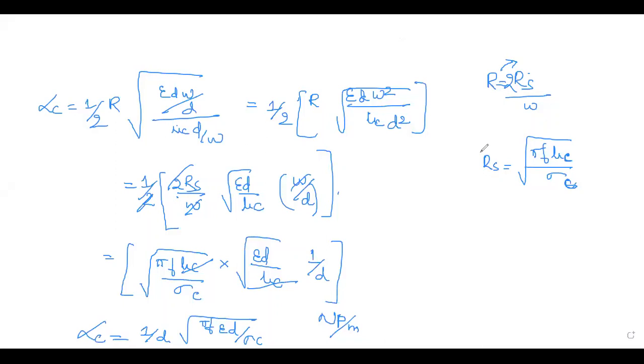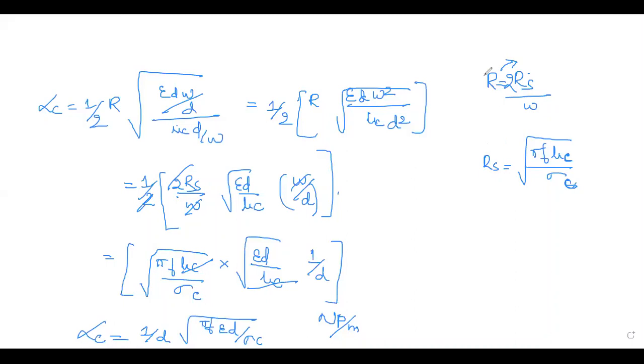Those who have completed can try for sigma, that is alpha_d, same equation. Instead of R, you have G there. Done?